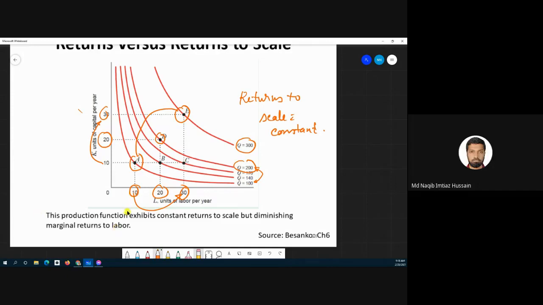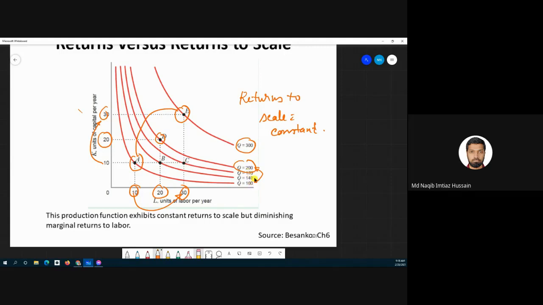If you are increasing the inputs, at the very beginning you had 10 labor input increment and the increment was only 40. Then you had the same amount of increment again, 10 units more, and the increment further reduced, it became 170. It increased only by 30.